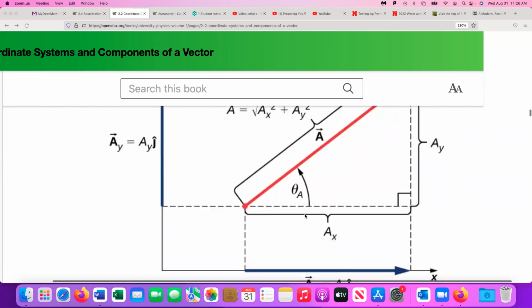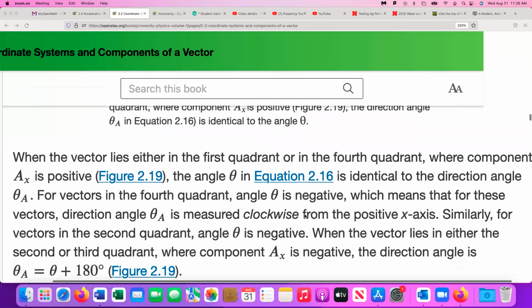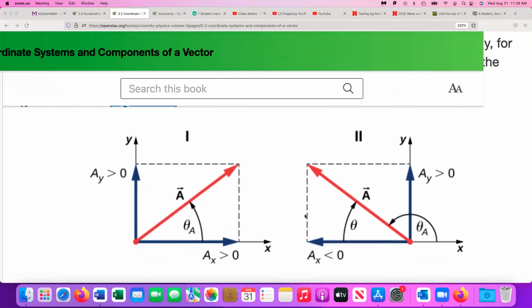And here's that triangle again. Remember that you need to measure your angle from the same place as everybody else is measuring their angles. Otherwise, communication can get a little bit messy. In physics, we generally measure our angle from the positive x-axis and go counterclockwise.